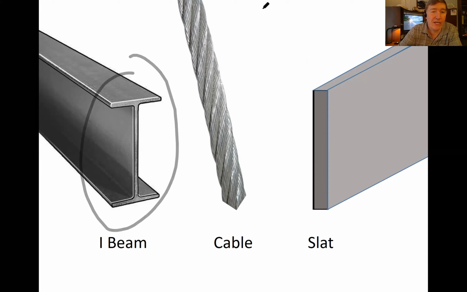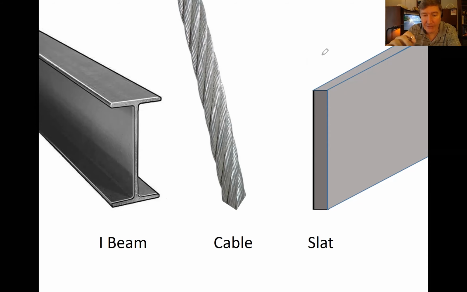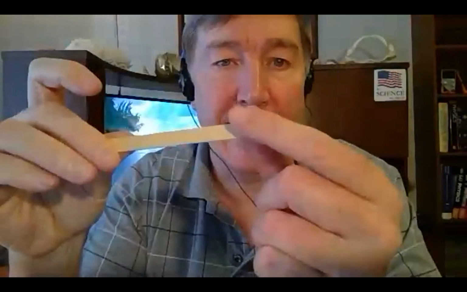If you look at a cross section, it looks like the capital I. Whereas on the right here, this is what's called a slat. So basically it's the center part of the I-beam without the upper and lower flanges. A slat is kind of like this popsicle stick.